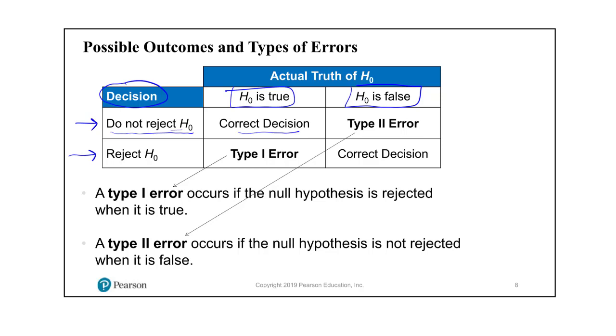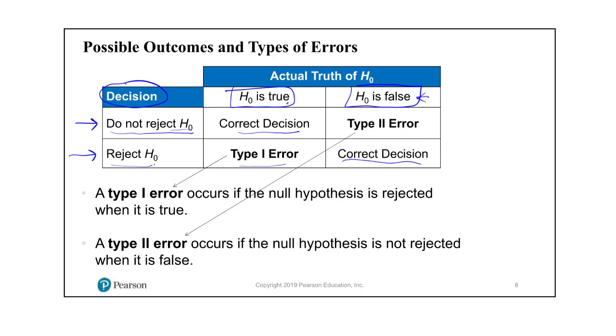Now, if we didn't reject it, but we should have because it was false, then we made a type 2 error. Whereas if we rejected it and it was true, that's a type 1 error. If we reject it and it was false, we made the right decision. So that's the correct decision.